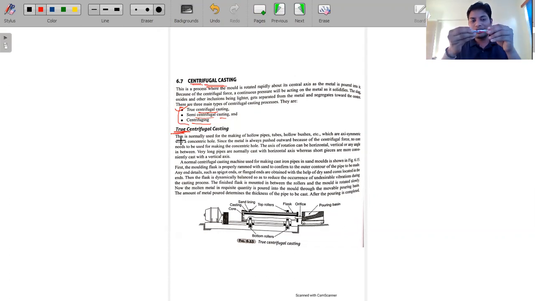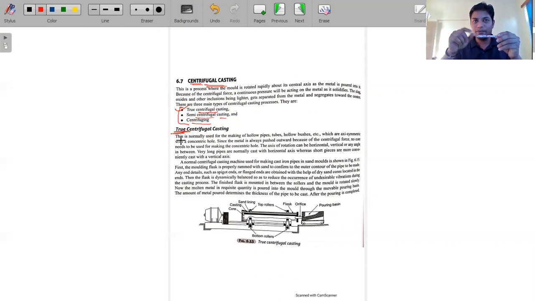We are using cooling assemblies as well, cooling water, for the cooling purpose, so that solidification should start fast. Every time the solidification starts from the boundaries only, and the material we are filling is coming in contact with the boundaries, and you are rotating, so the solidification will be fast.